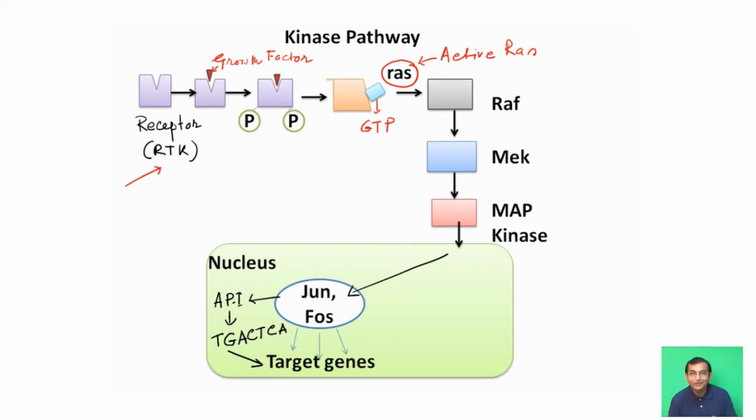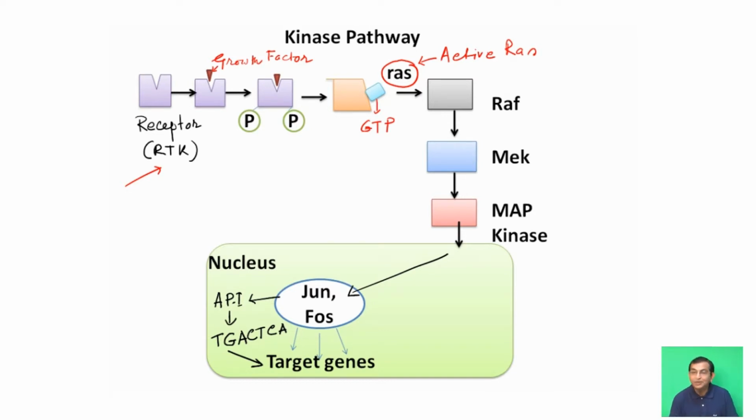When a growth factor interacts with this RTK, phosphorylation occurs, and the signal passes to one important protein called RAS protein, which is activated when it binds with guanosine triphosphate.